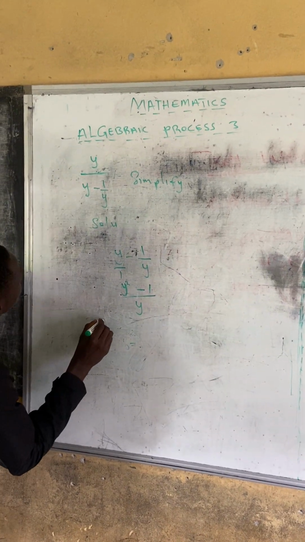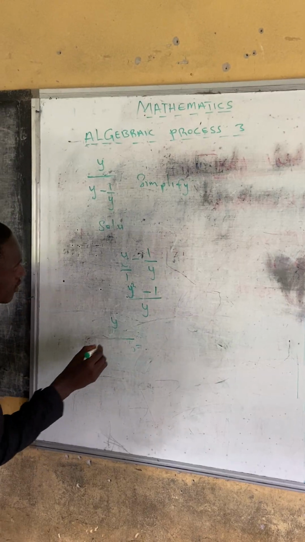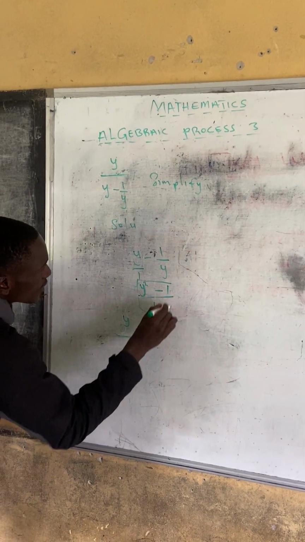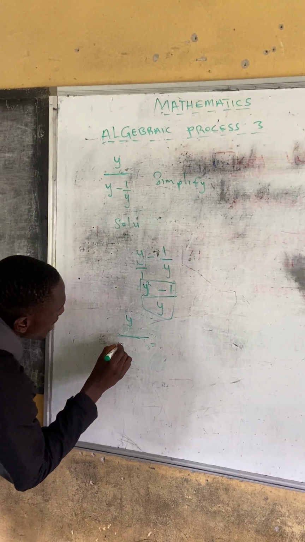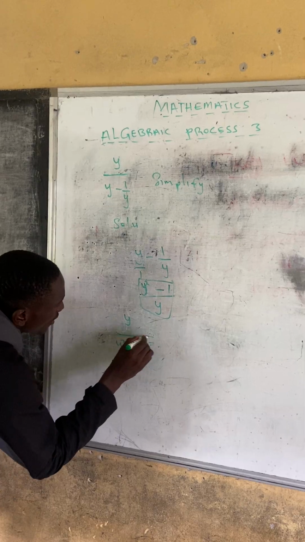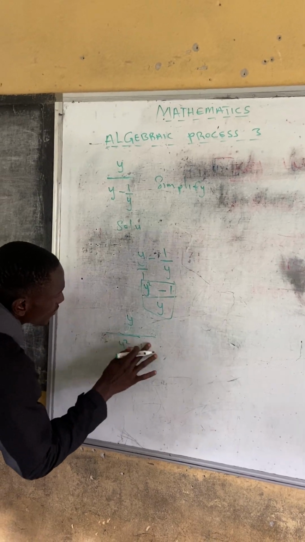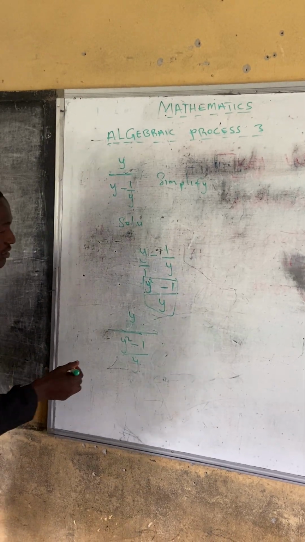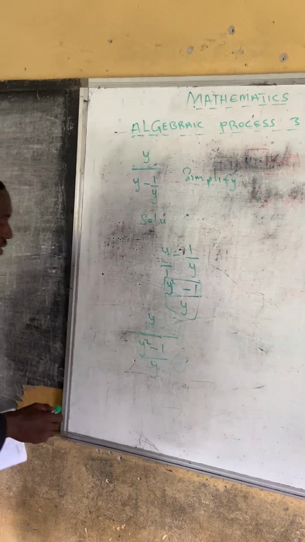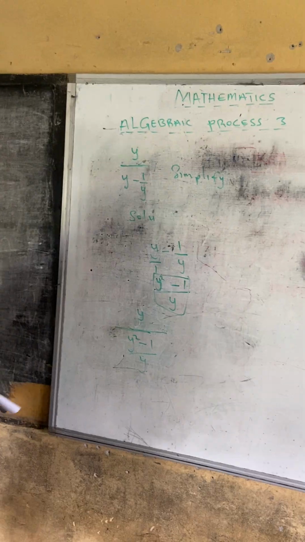So you can now write it as y all over, you write this one, you write from here, y raised to power 2 minus 1 all over y. Now this is a big division line that is differentiating the y from this other denominator.